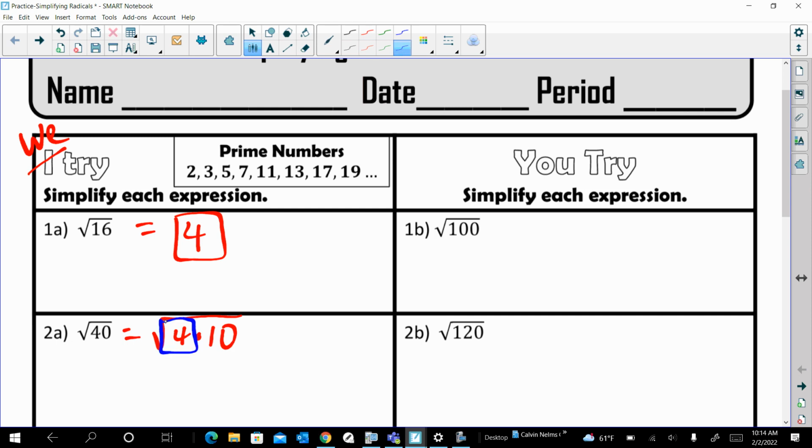What is the square root of 4? So the 4 is gone, and now the 2 comes out. So the final answer would be 2 square root 10. What's not square, or boxed, stays underneath the radical.